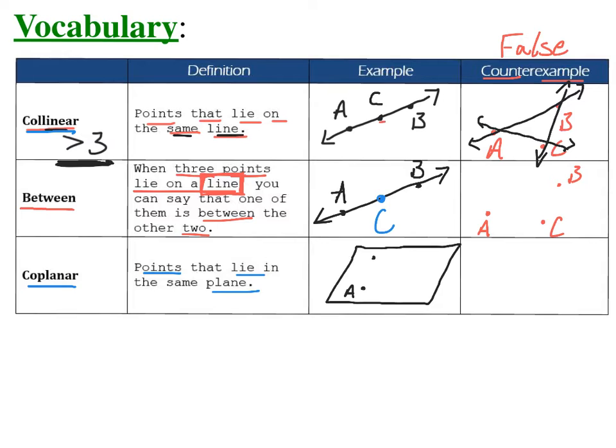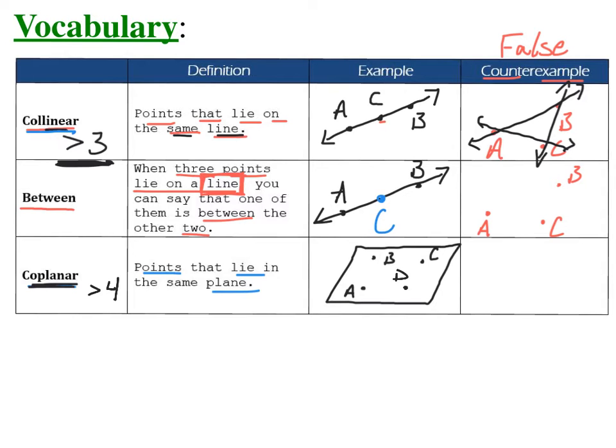So any plane I draw, it should have 3 points on it. So when I'm referring to coplanar points, it's going to be at least 4 points, because every plane already has 3 points. So I'm going to add another point to my picture. So in this case, A, B, C, and D are coplanar.